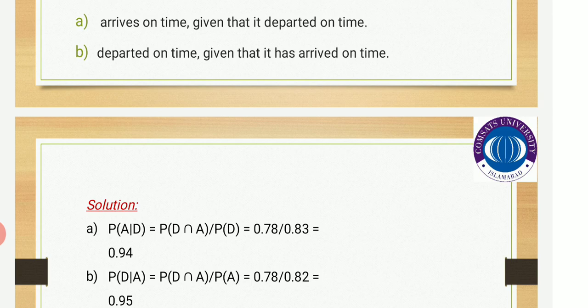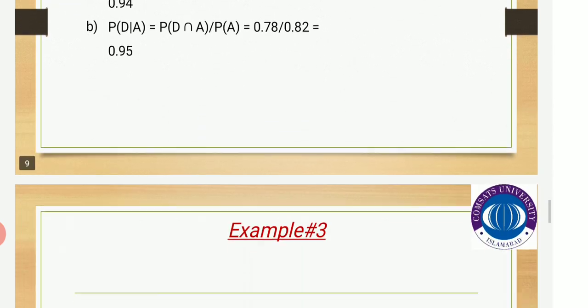So we have to find the probability that it departed on time, which is represented by the event D, and A represents that it arrived on time. So by applying the conditional probability, it will be equal to probability D given A, which will be equal to probability D intersection A divided by probability of A, which would be equal to 0.95.